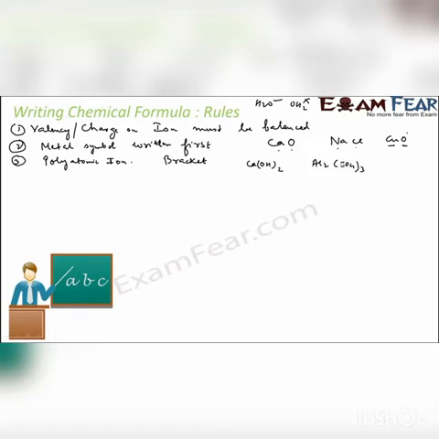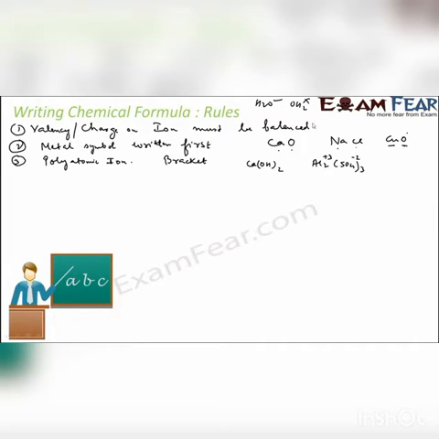So here, when you talk about the first formula, SO4 will have a charge of -2, right? And aluminium will have a charge of +3. So the net charge on the left-hand side, the metal part, will be +3 into 2, which is +6. Similarly, the net charge on the right-hand side, the non-metal part, will be -2 into 3, which is -6.